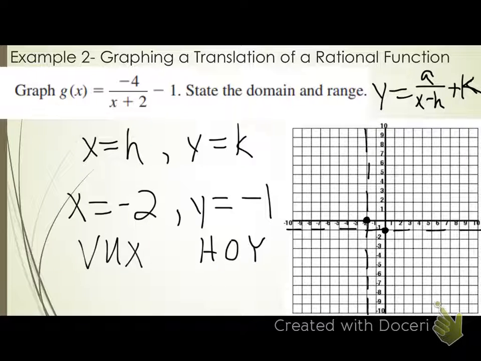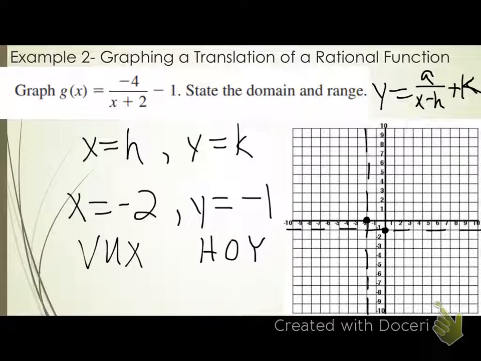Now I've got to type it in my graphing calculator to see where the two branches are, and then I can draw my two branches using my asymptotes. Okay, so type that in your calculator. You may have to type it in very carefully. There's not a fraction button. Type in our function that we're given: -4 over x plus 2, minus 1.